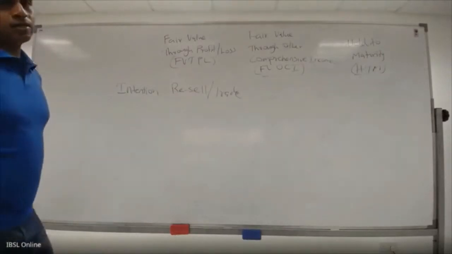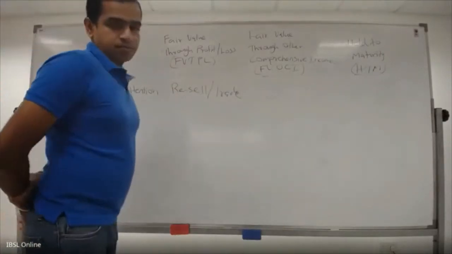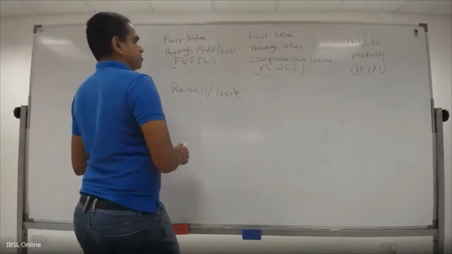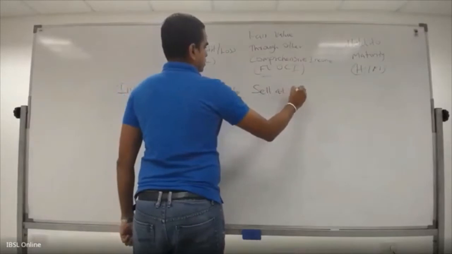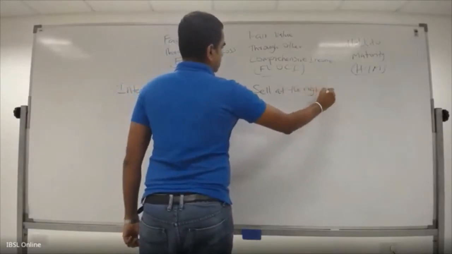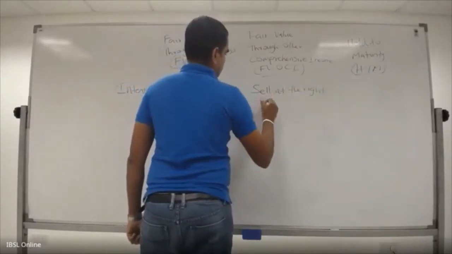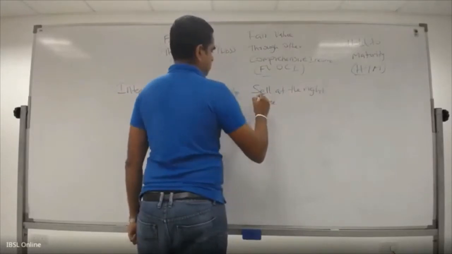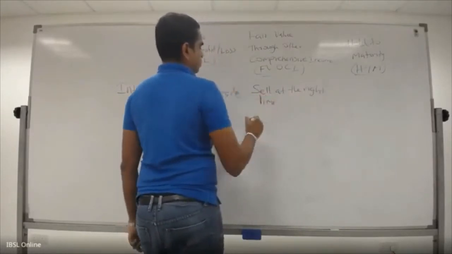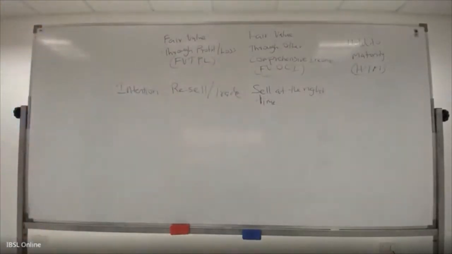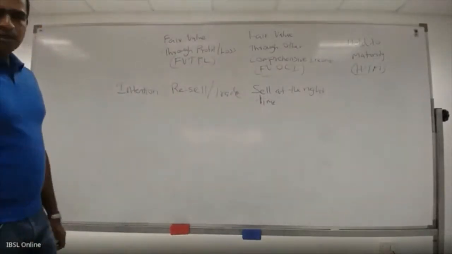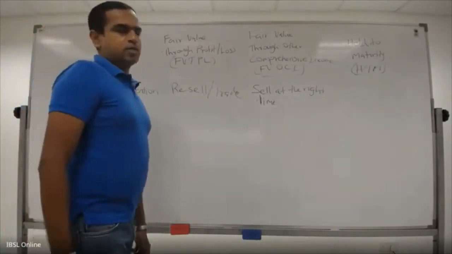To classify under FVOCI, the intention has to be to sell at the right time. You don't want to sell it right now, but you sell it when the right time comes, not right now.